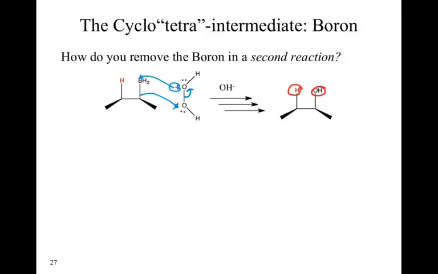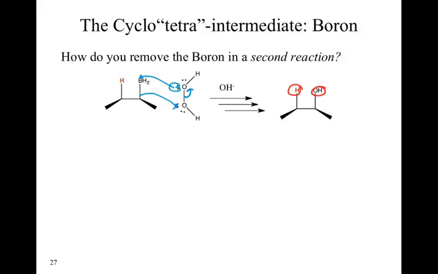Because we have this four-membered ring, both those pieces are coming in on the same side due to the stabilizing factor of the boron. So the result is we get a cis addition, or sorry, a syn addition of hydrogen and OH across a double bond in the case of the boron reagent.